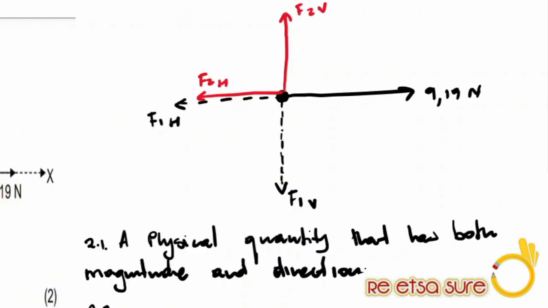That is why I tried to draw the new free body diagram, now resolving everything into components. As you can see, I have the forces that are acting horizontally and vertically.